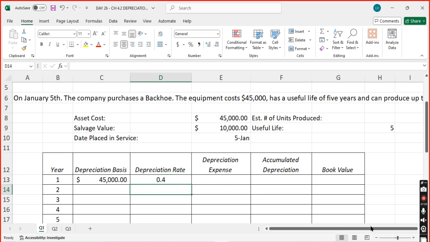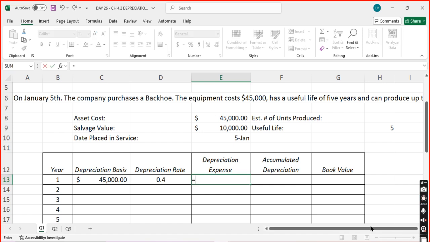It gives you 40%, or 0.4. So therefore, let's determine what my depreciation expense is for the first year. I'm going to use ROUND just to ensure that I get the most accurate number and not run into any rounding errors. So what is my depreciation expense for the first year?